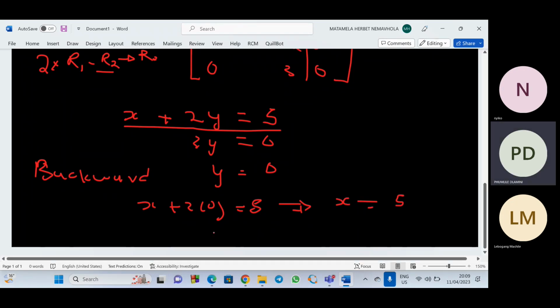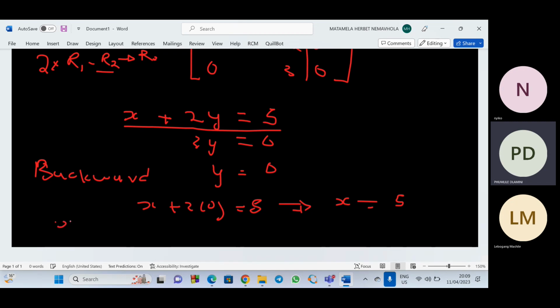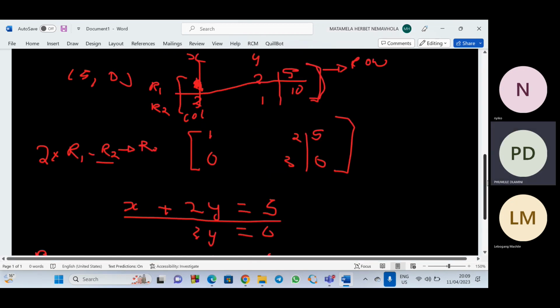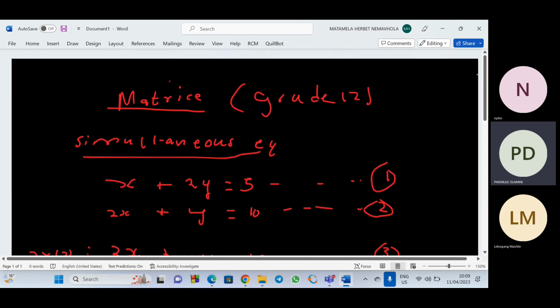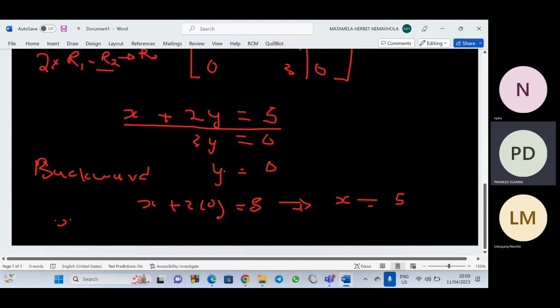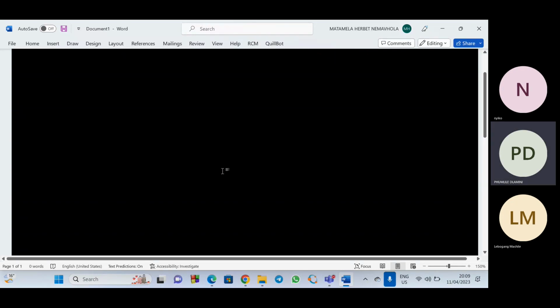Just by doing that, we have solved the values: x equals 5 and y equals 0. This one is just an introduction of how things are going to be working, how we are going to work with linear algebra in this module. Now we are going to start with an introduction to limits.